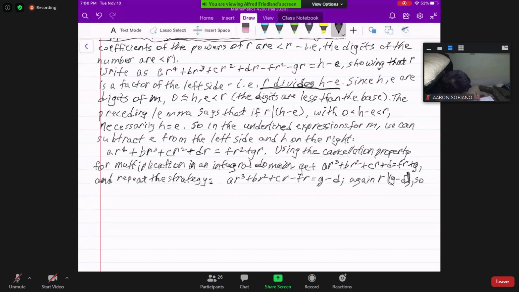So G has to equal D so that G minus D is 0 and R divides it. Otherwise, R would not divide any number that would be that difference, G minus D, that's less than R, unless that number is 0.